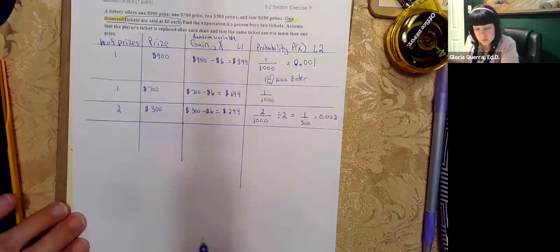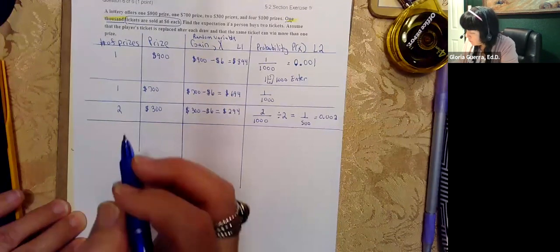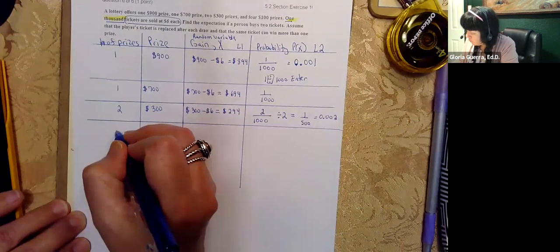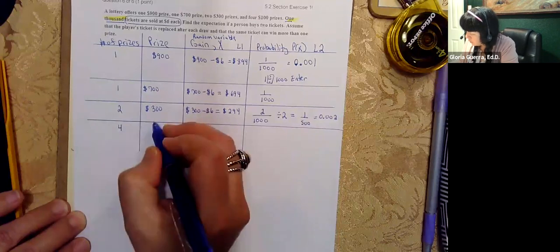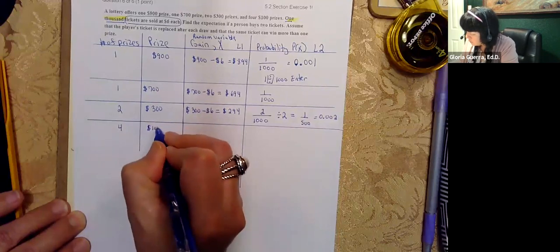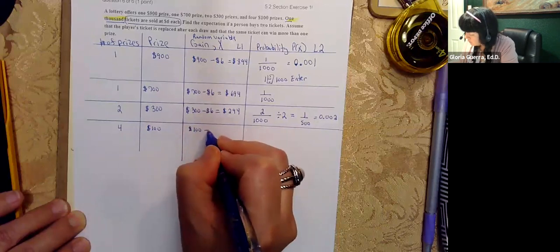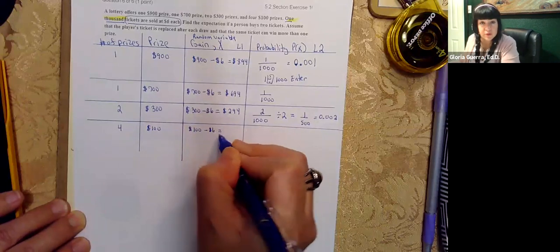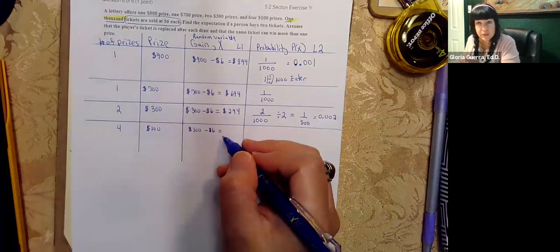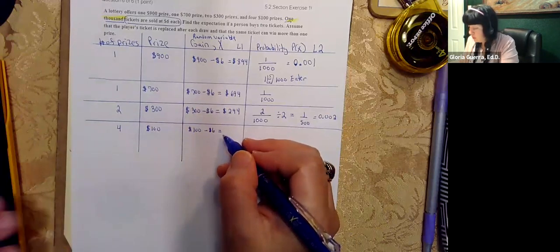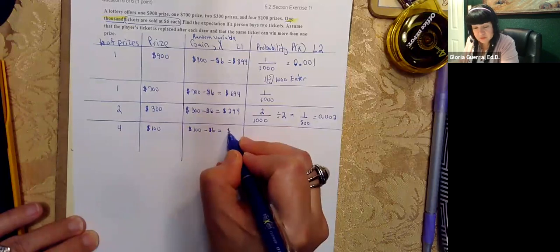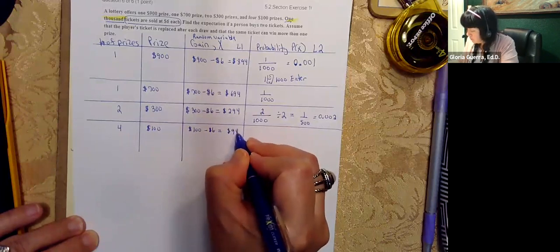Okay, then we had 4 tickets that were $100. So this would be $100 minus $6 because that's the cost. They had to buy a ticket, or somebody gave them a ticket, but they still had to spend $6. But that's okay. They still gain $94.